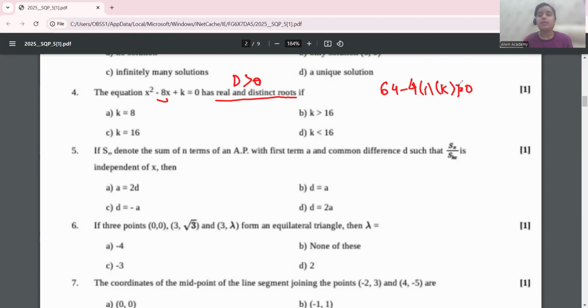So this should be greater than 0. Here we can say 64 should be greater than 4k, or 16 should be greater than k, or k should be less than 16. Thus the answer is option number D. Simple enough. Moving to the next question.